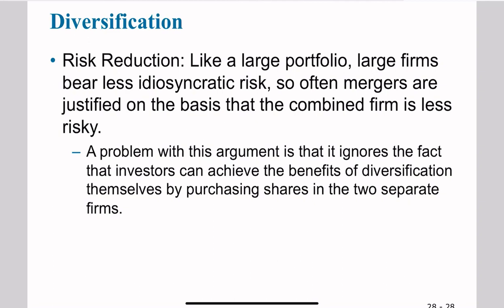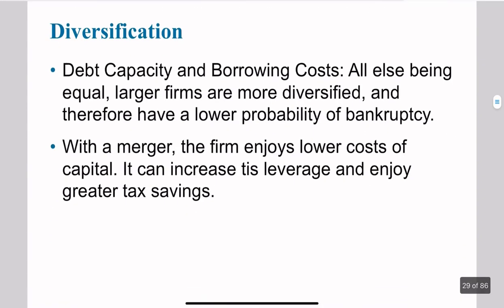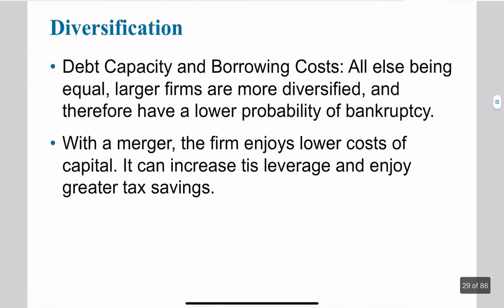So basically, you can see that the diversification argument for merger and acquisition is not that convincing. Okay, so if the diversification benefit holds true, you can see that this will have the benefit of increasing the firm's debt capacity and reducing the firm's borrowing cost.